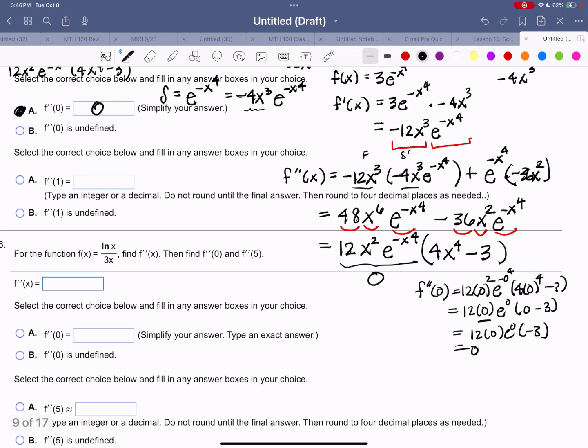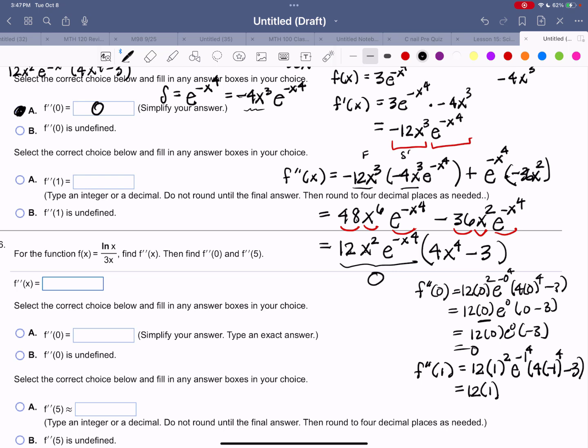And now they want us to do the second derivative at 1. So let's see, we've got 12, 1 squared, e to the negative 1 to the fourth, 4, negative 1 to the fourth, minus 3. If you got those parentheses right, you can just type this in. I'll do it the manual way. It's a 12.